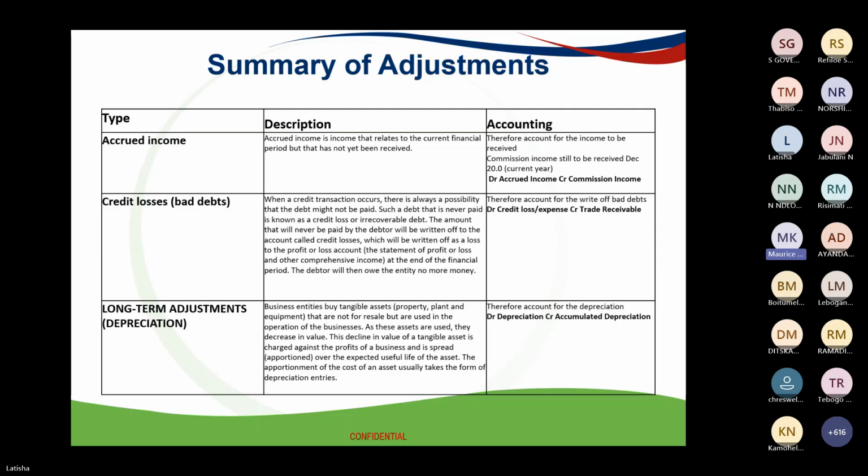The depreciation is an expense that will be recorded in the profit and loss statement as an expense, and the accumulated depreciation will go to the balance sheet, where under that particular asset, you're going to have the asset value less the accumulated depreciation account.